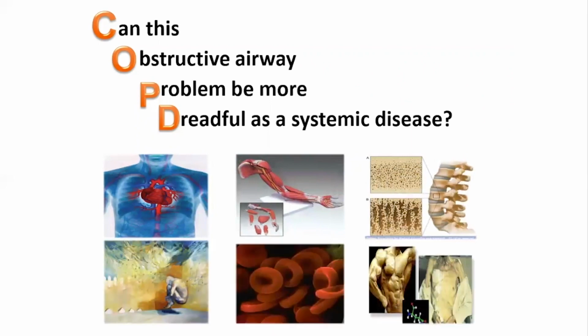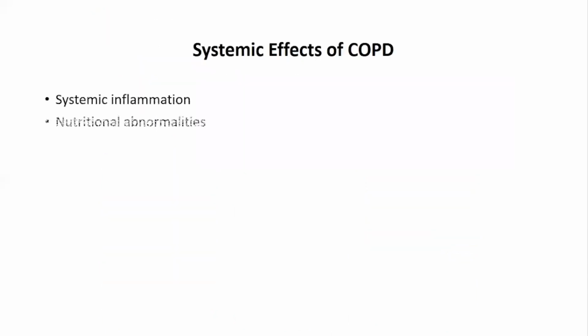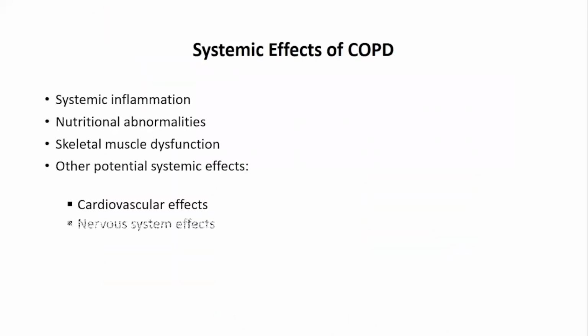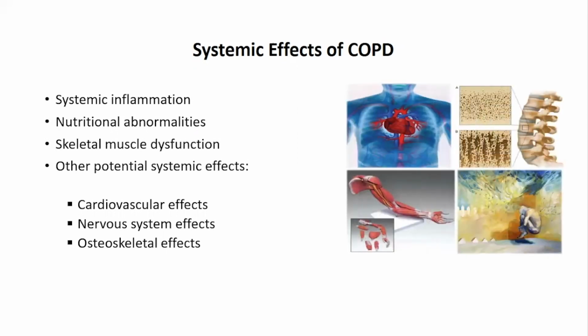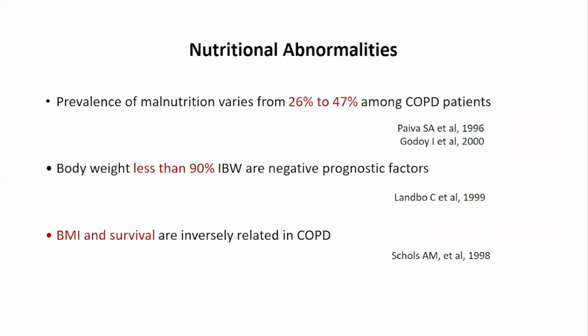Unfortunately, the answer is yes, because COPD can have complications in the cardiovascular, musculoskeletal, hematological, even psychosocial functions, and even in the nutritional status of patients. So these are the systemic effects of COPD, and it will encompass several organ systems in our body. And depending on the systemic side effect, the symptoms of patients with this lung disease may even get worse.